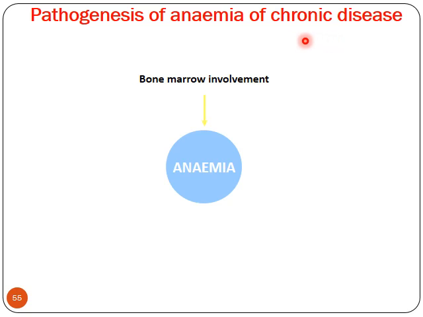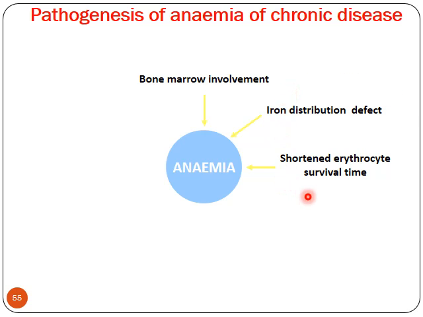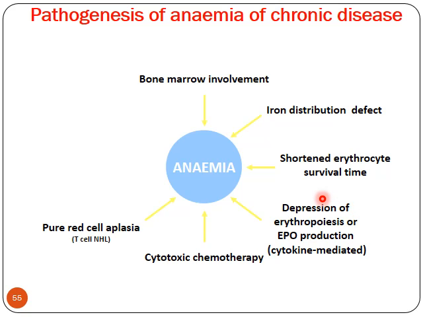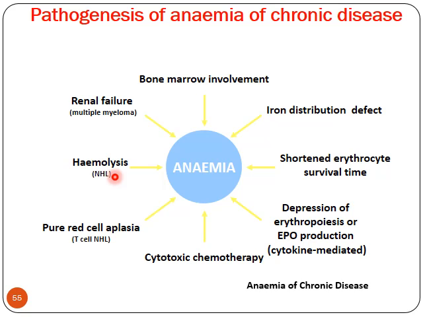This anemia might appear from bone marrow involvement or distribution defect of the iron, or shortened erythrocyte survival time, or depression of erythropoiesis or erythropoietin production, either cytokine mediated or not, having a cytotoxic chemotherapy, or a pure red cell aplasia, usually associated with T-cell non-Hodgkin lymphoma, or hemolysis as a part of the non-Hodgkin lymphoma or a chronic lymphocytic leukemia, or even renal failure, which might happen with multiple myeloma. All of these contribute to the anemia of chronic disease.